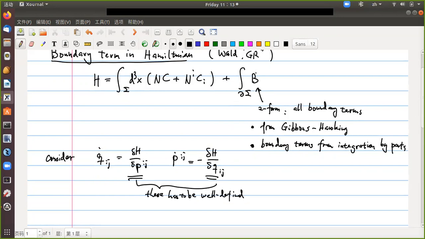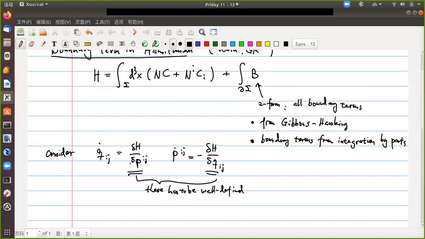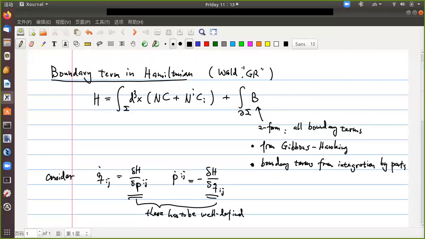Without this boundary term, these are not going to be well defined. The reason is that to do this variation of the Hamiltonian, you are going to get some other boundary term. Just like when you vary the Einstein-Hilbert action to get the Einstein equations, in case your manifold has a boundary, you have to incorporate the Gibbons-Hawking boundary terms to make the variational principle well defined, because otherwise you will get some other boundary term.